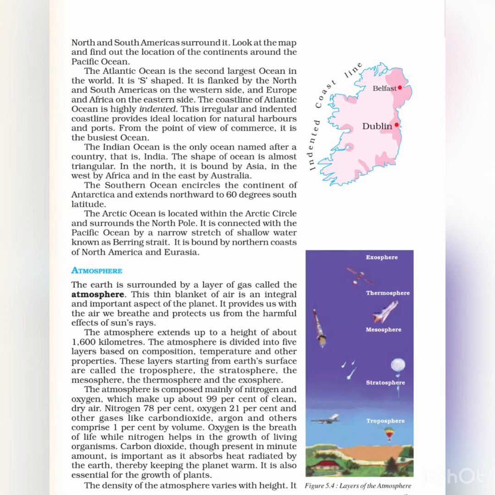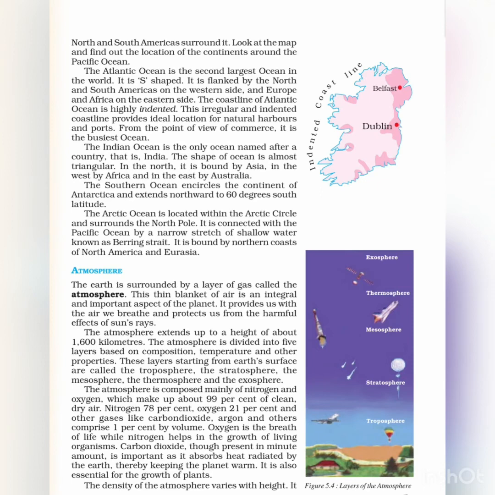Next is Indian Ocean, and it is the third largest ocean in the world. It is the only ocean in the world which is named after a country, India. The shape of the ocean is almost triangular. In the north, it is bounded by Asia, in the west by Africa, in the east by Australia.